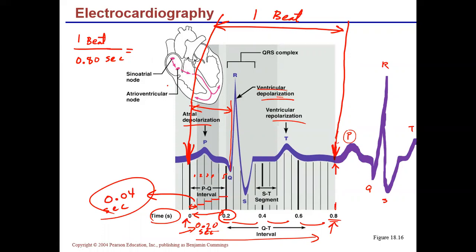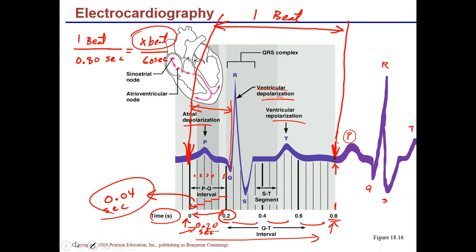Now, if I want to know how many beats, X beats, over 1 minute, 1 minute is 60 seconds, folks. So if I want to know how many times my heart beats in a minute, then I have to solve for X. All right?